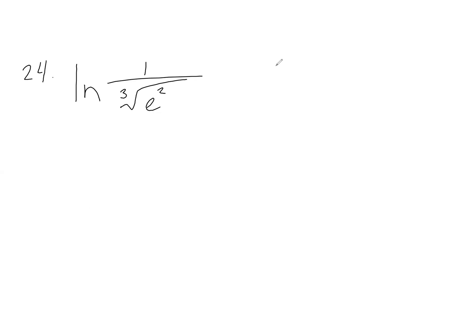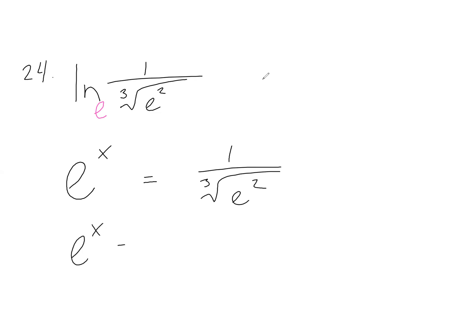Base e. This means we're going to write our base, which is e, to what power gives me 1 over the cube root of e squared. So let's go ahead and change our radical to an exponent, because we know that we don't leave them in radical form. So this would be e to the 2/3, because my exponent over my index would be 2 over 3.